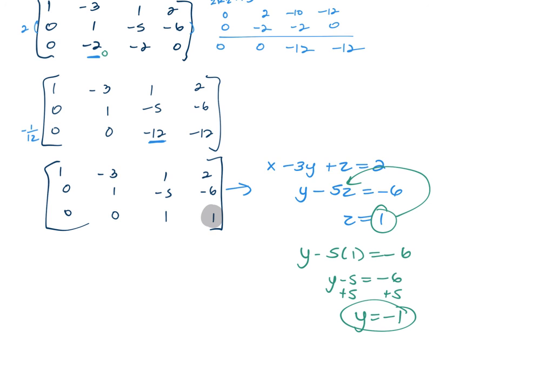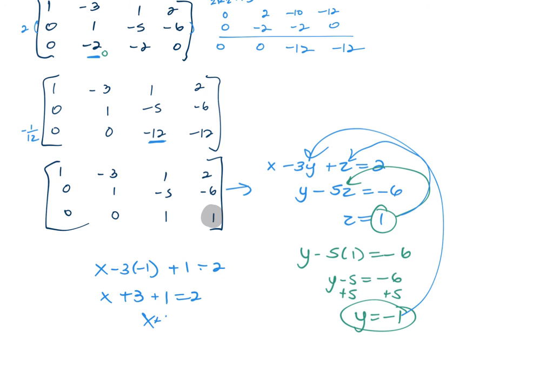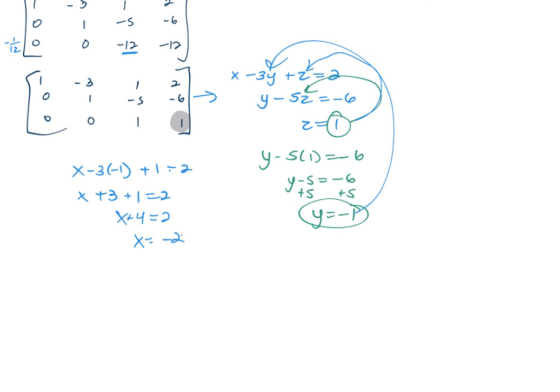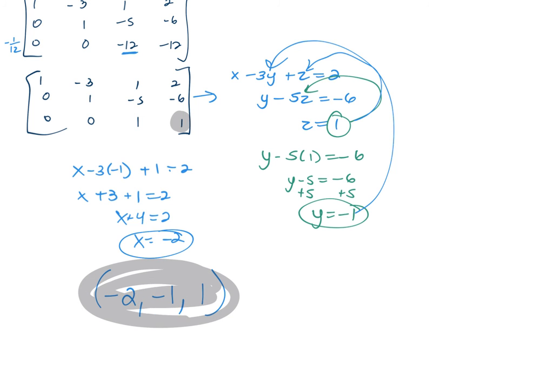And then I take both of them and plug them back in to the top. So x minus 3 times negative 1 plus 1 equals 2. X plus 3 plus 1 equals 2. X plus 4 equals 2. And x equals negative 2. So my answer is negative 2, negative 1, 1. And that's the 20-point question.